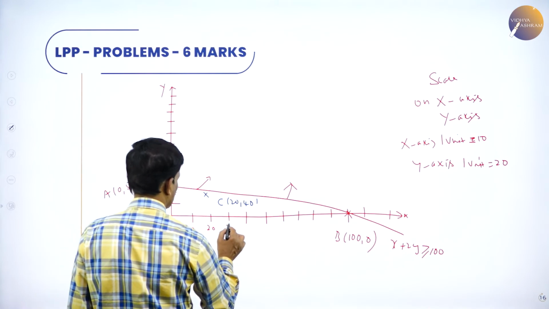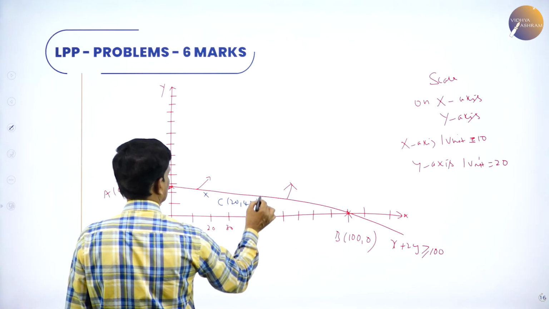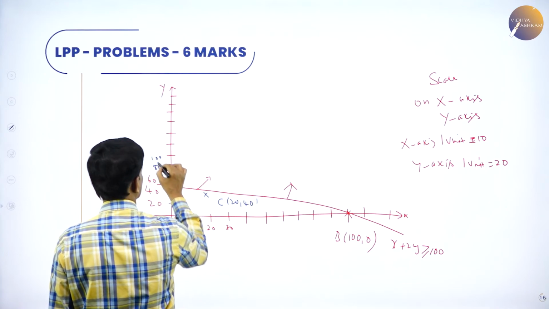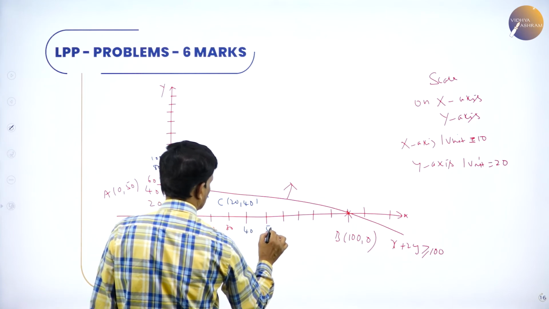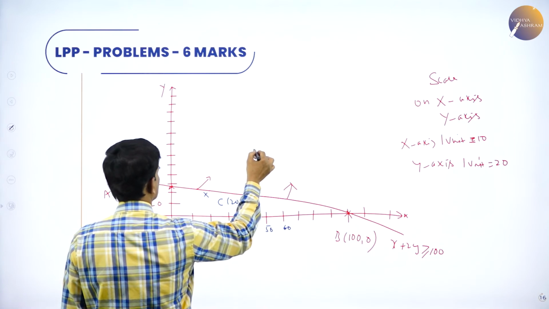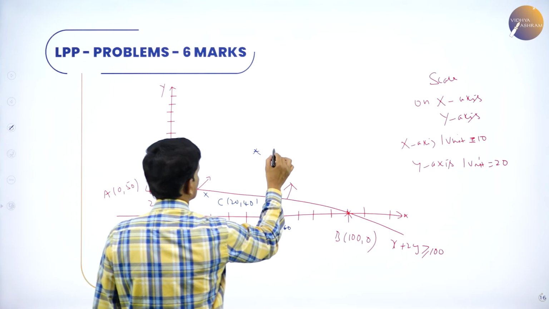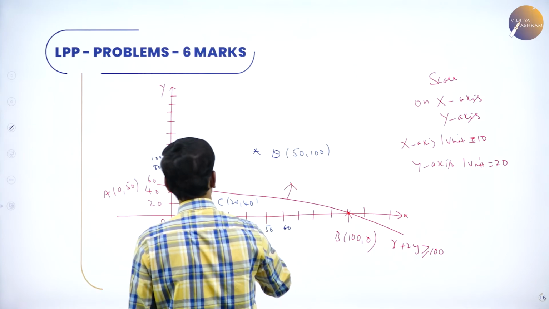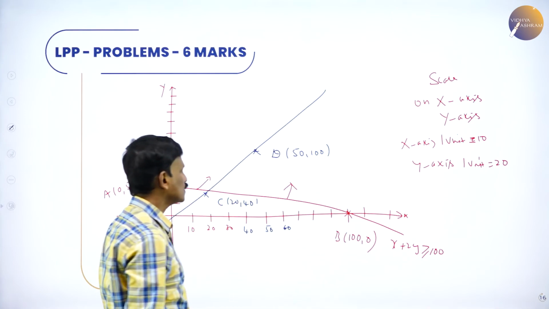X is 50, y is 100. Here is the point, that is D, 50 comma 100. Now that's nothing but a straight line.